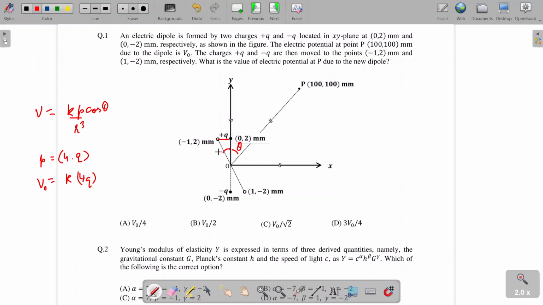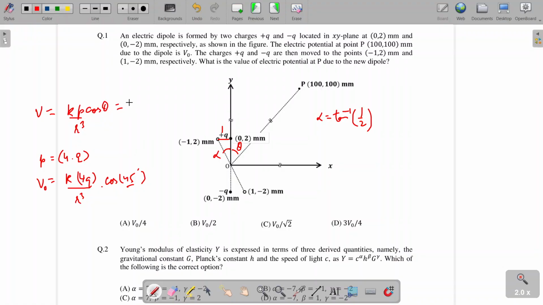The additional angle by which it is turned, let us say that is alpha. So alpha would be tan inverse of 1 by 2, because this distance is 1 and this vertical distance is 2. So here tan alpha is 1 by 2. The complete angle which the dipole makes in the second case would be alpha plus the angle which we have, 45 degrees.